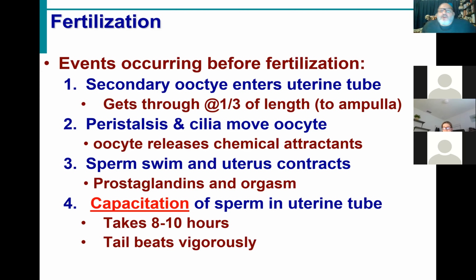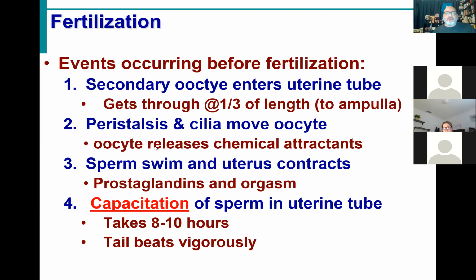Once capacitation occurs, there are basically 2 main processes. It is a very vigorous spinning of the tail, which is going to help it work its way through the corona radiata that is on the outer surface. But remember, we also have that candy-coated shell. And we need to be able to digest those glycogens to be able to work their way through. And to do that, remember the sperm on the tip of the head has that acrosomal cap that contains a large amount of digestive enzymes.